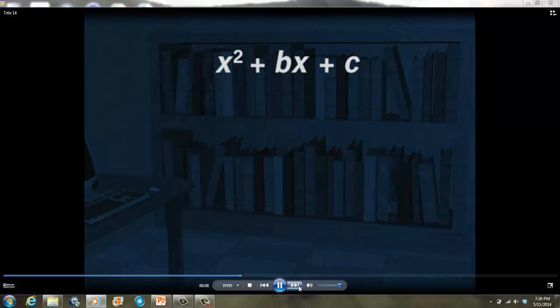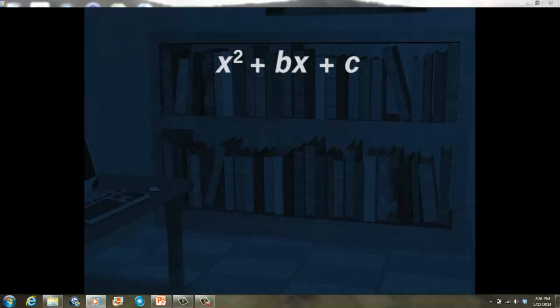Let's summarize what we have done so far. When we factor a trinomial of the form x squared plus bx plus c, we get two binomial factors of the form x plus r and x plus s, where r and s are constants.